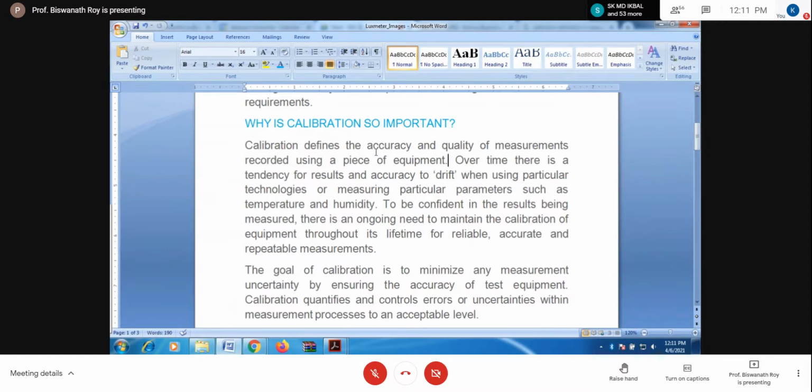Over time, there is a tendency for results and accuracy to drift when using particular technologies or measuring particular parameters such as temperature, humidity. So by the process of calibration, it is possible to ascertain that the test equipment provides us the faithful value within some tolerance, within some uncertainty. And that uncertainty or tolerance or deviation is within acceptable limit.